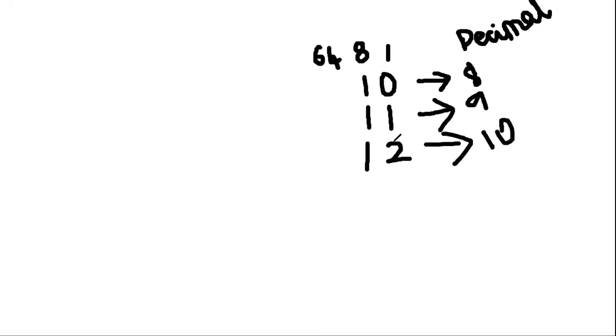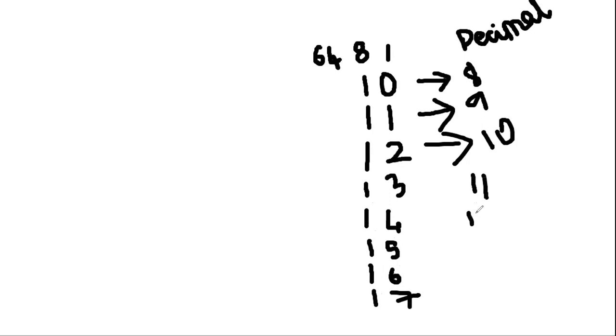Remember, I can use up till the digit 7. So 13, 14, 15, 16, 17, and then I'm going to stop. So this will become 11, this will be 12, this will be 13, this will be 14, this is going to be 15.